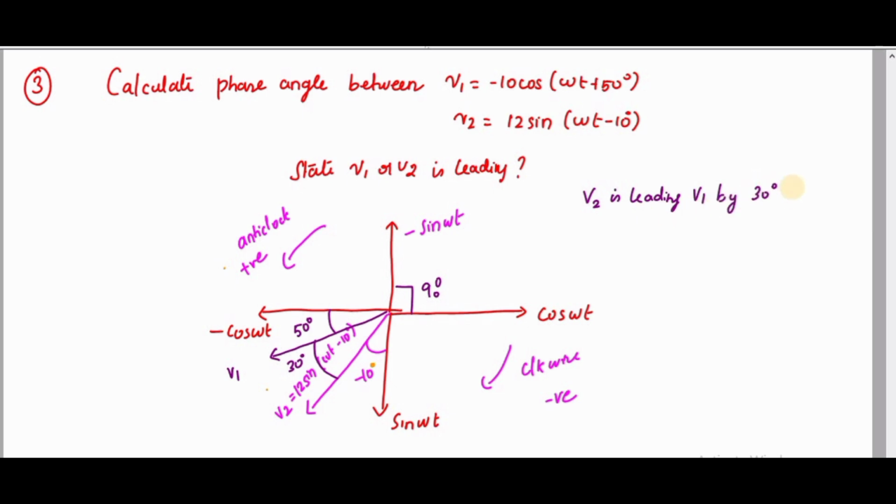Next problem. I1 is equal to minus 4 sin(377t plus 55 degrees), and I2 is 5 cos(377t minus 65 degrees). They are asking which one is leading, I1 or I2.